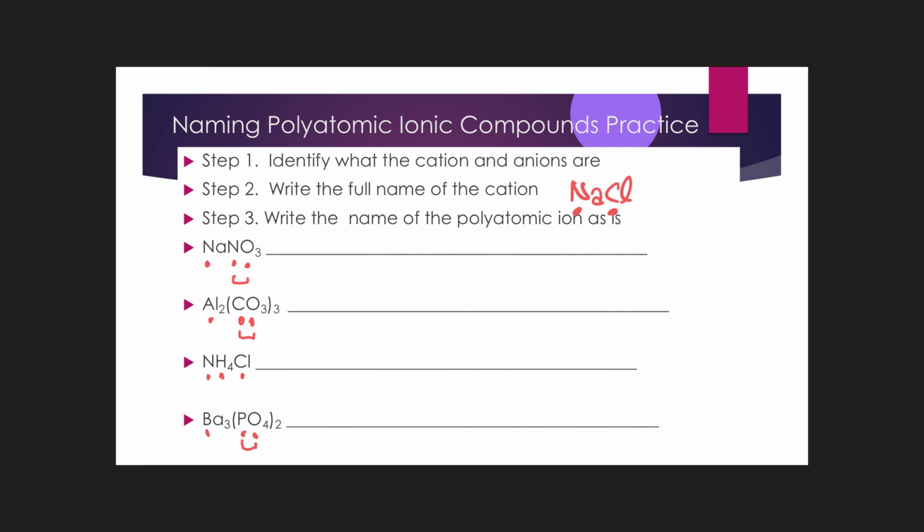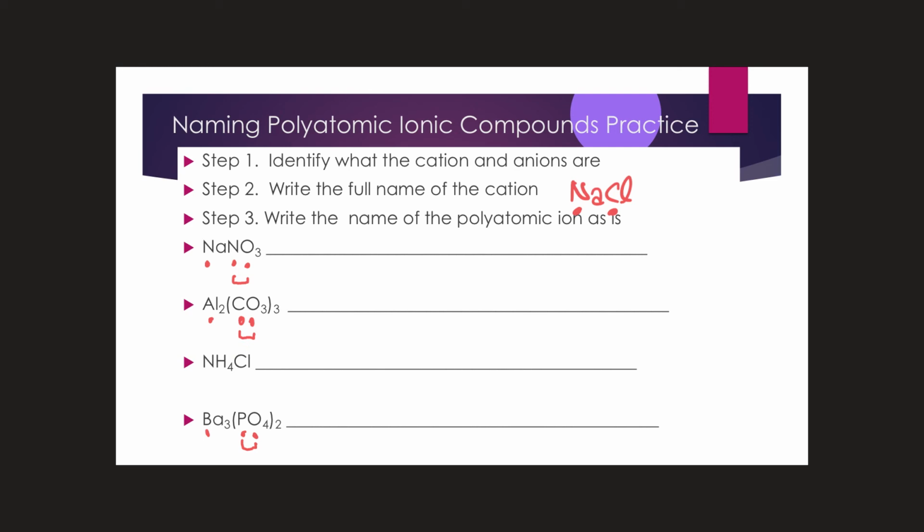So which one is which? That's going to have to be a little more descriptive, because you're going to look up NH4 and see if that's a polyatomic ion, or is it H4Cl. And you know it's NH4. So in that particular case, you have to do a little bit of detective work.